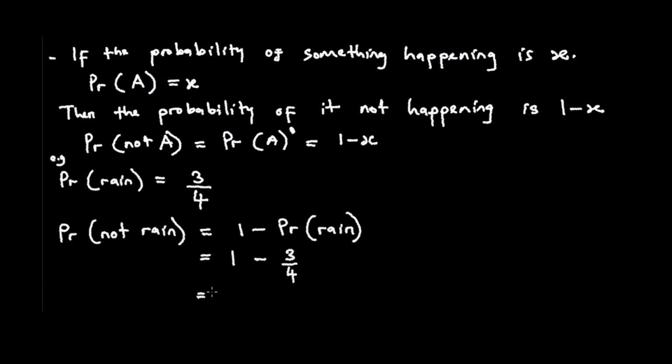We can convert 1 into 4/4 minus 3/4, making our answer 1/4. So the moment you are given a probability of something, you must know the probability of not that thing. It's just 1 minus the probability of something. Are you understanding?